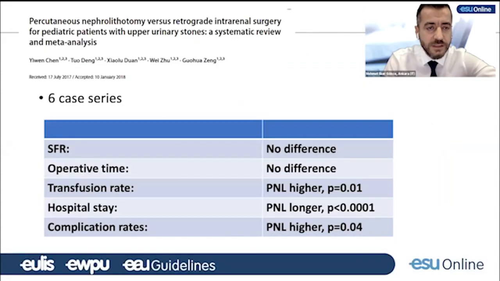This systematic review and meta-analysis was also published recently, comparing flexible ureteroscopy and percutaneous nephrolithotomy. As we can see, the stone-free rates and operative times are almost identical for the 2 treatment options. However, the transfusion rate, hospital stay, and complication rates were all higher in the percutaneous nephrolithotomy group.